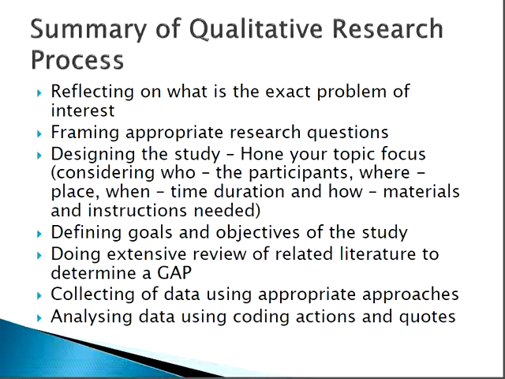You frame appropriate research questions around the problem that you have so identified in your reflection. 3. Design the study. In other words, you need to hone your topic to a given focus.